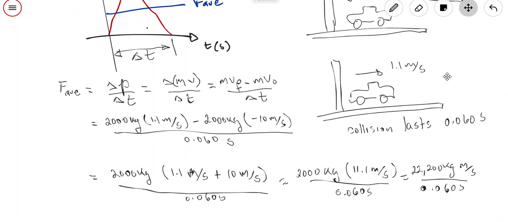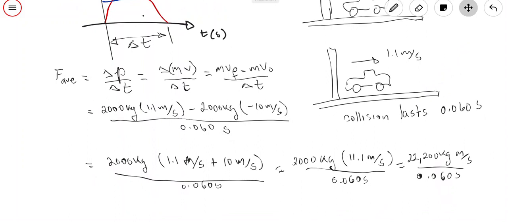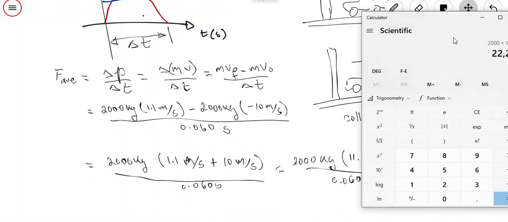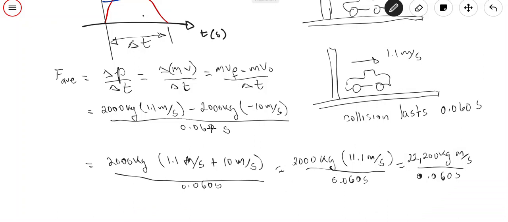Now when we divide those values, 22,200 divided by 0.060 will be equal to 370,000. So we're talking here about 370,000 kilograms meters per second squared.